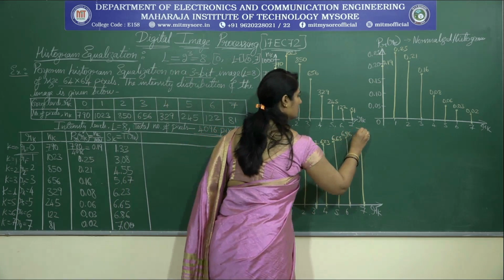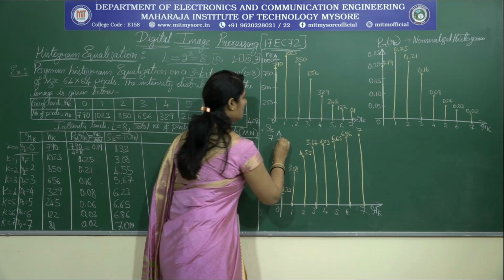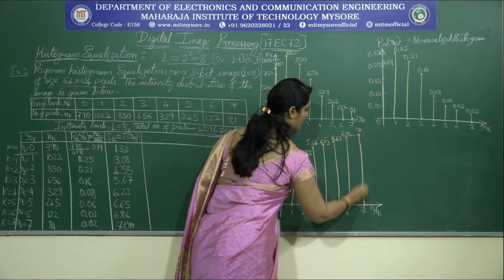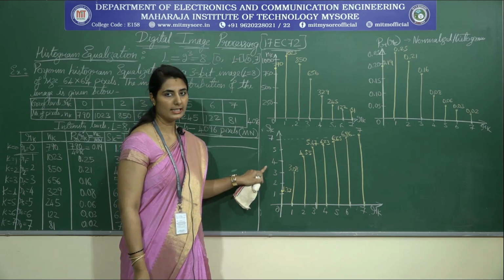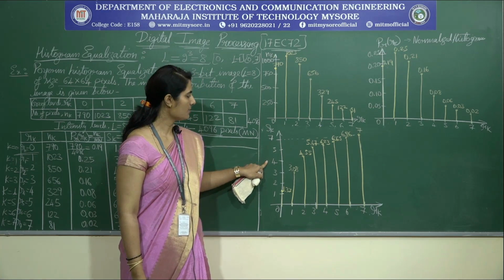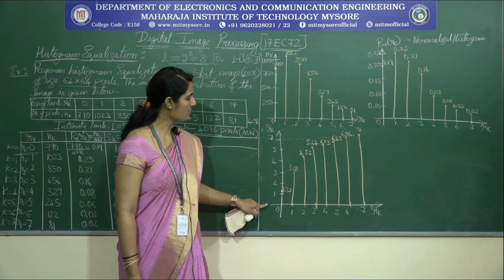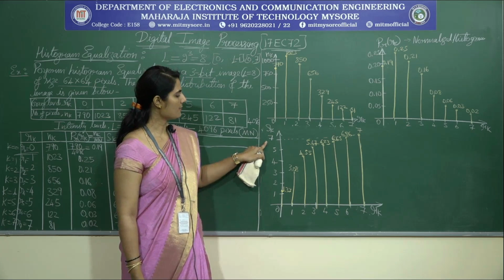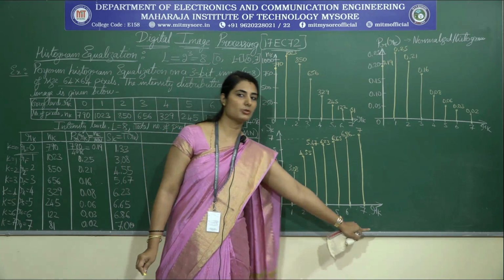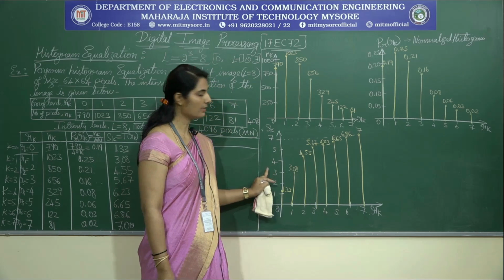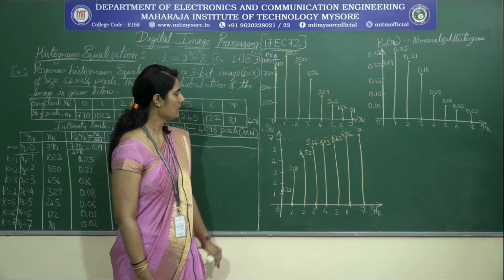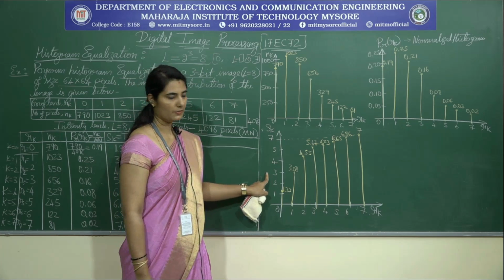So now, this is the transformation function which we have used. So this is a monotonically increasing function, and you just observe that Sk ranges from 0 to L minus 1, for Rk varying from 0 to L minus 1. So we have discussed this in my previous session, right? So this is the transformation function.